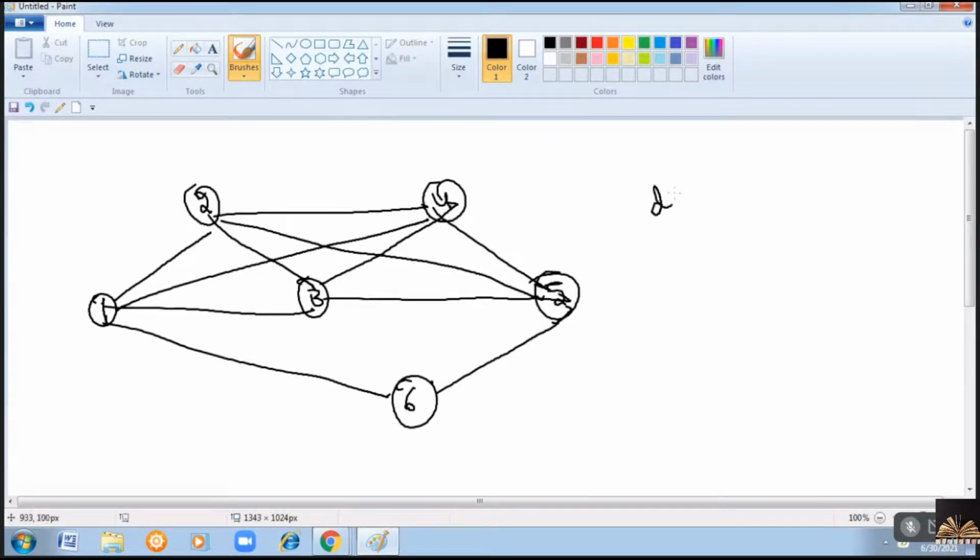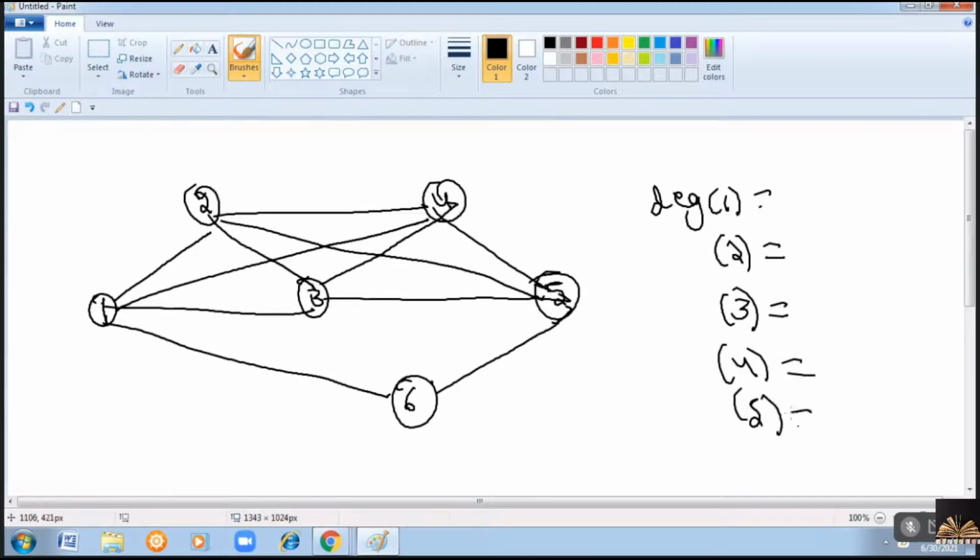So here we have concluded that there exists an Euler circuit by using the trial method. Let me go with this direction. Degree of 1: 1, 2, 3, 4. Degree of 2: 1, 2, 3, 4. Degree of 3: 1, 2, 3, 4.